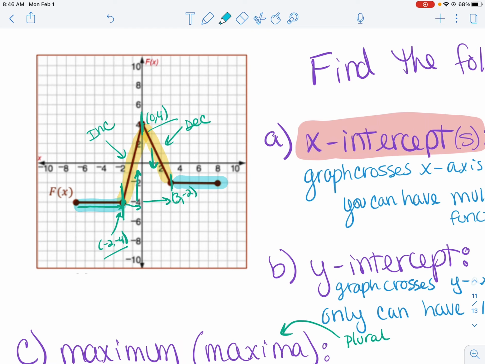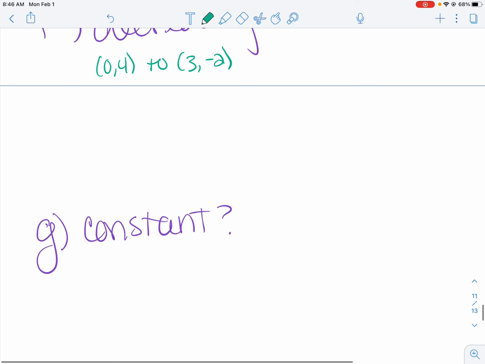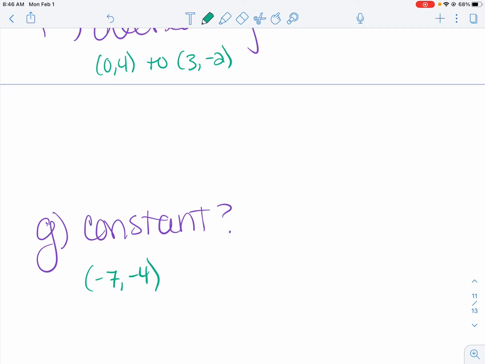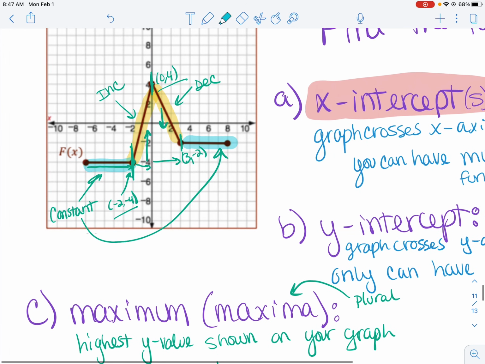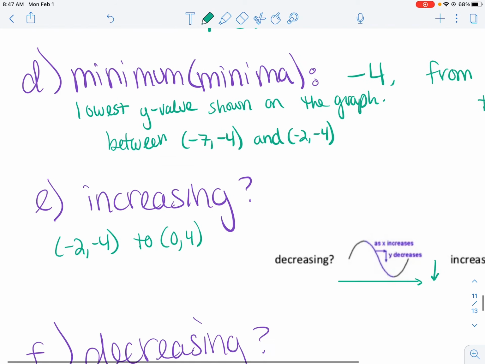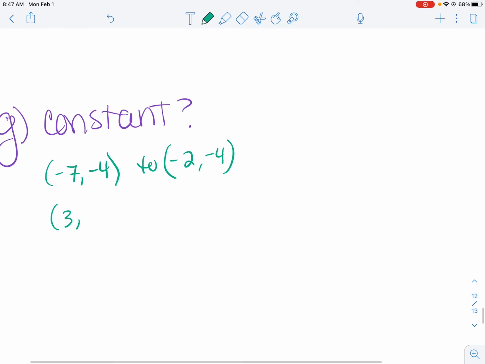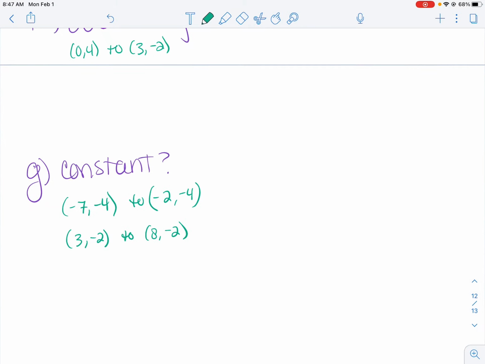So we want to list out the intervals right there, and those would be called constant intervals when there's no change, all right? So from -7, -4 to -2, -4, that's the first one. And then it's also constant from 3, -2 to 8, -2, right?